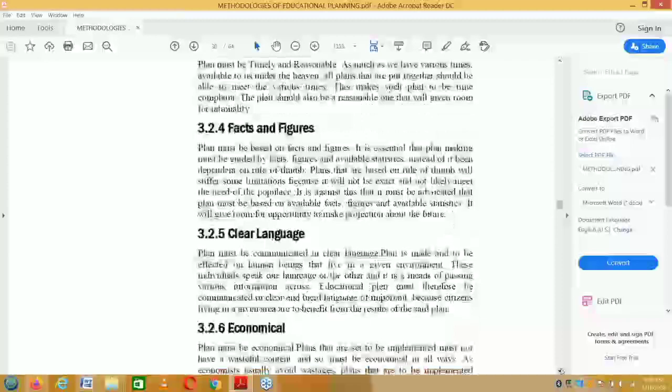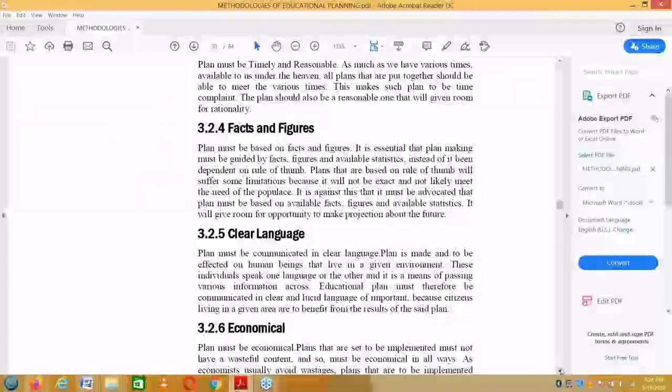Let's look at clear language. The educational plan must be communicated in clear, acceptable language. The plan is made to be effective on human beings who live within a given environment. These individuals speak one language or another, and language is a means of passing information. So the educational plan must be communicated in clear and lucid language.